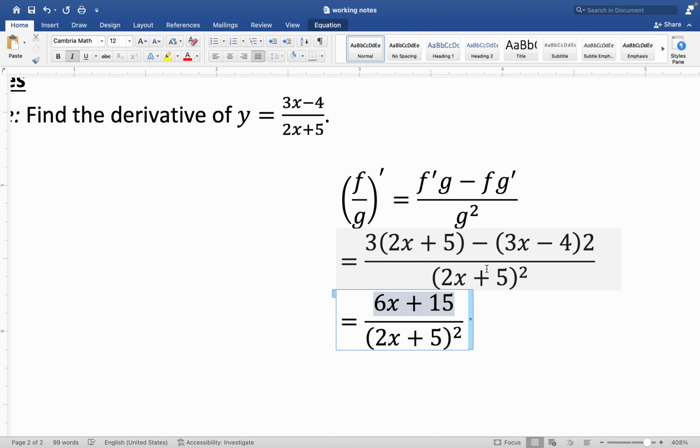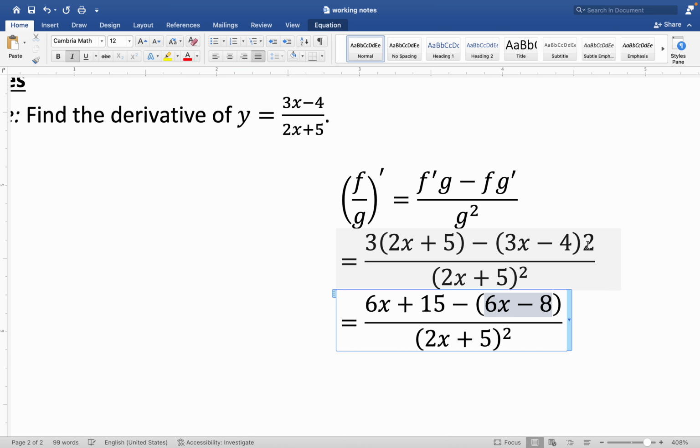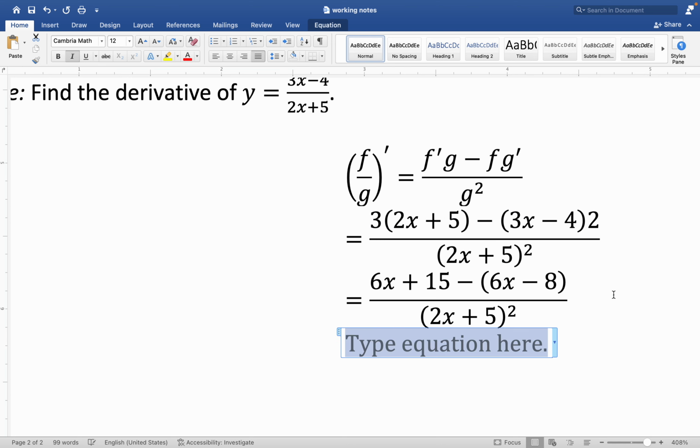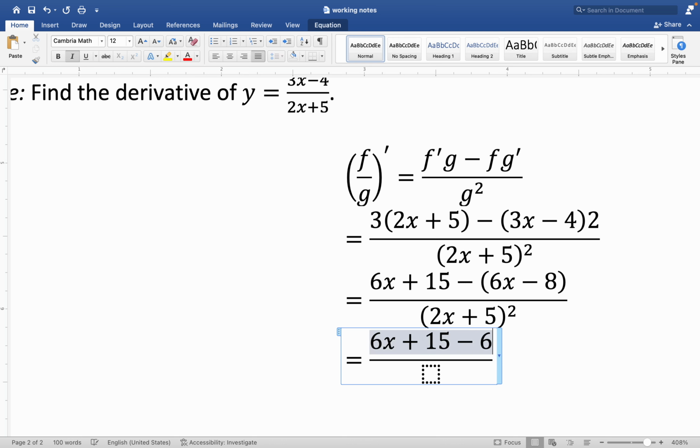So one way of expressing that fact is writing minus quantity 6x minus 8. Like I just distributed the 2 to the inside there, right? So you have minus quantity 6x minus 8, which means that, as I say, the minus sign is going to distribute to both terms. So it's actually minus 6x plus 8 all over 2x plus 5 quantity squared.